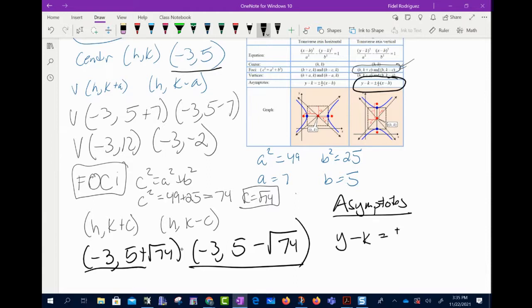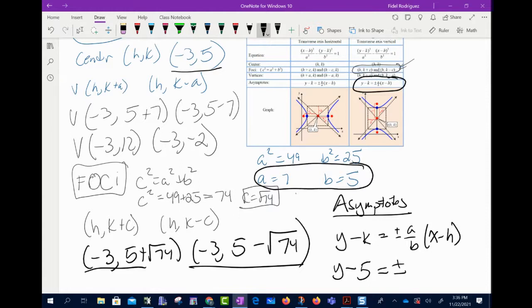It's y minus k equals plus or minus a over b times (x minus h). Let's go slowly here. We're going to write y minus k. k was the number 5, equals plus or minus, here's my a and my b, so 7 over 5, times x minus a negative 3, so we're going to change that to a plus 3.